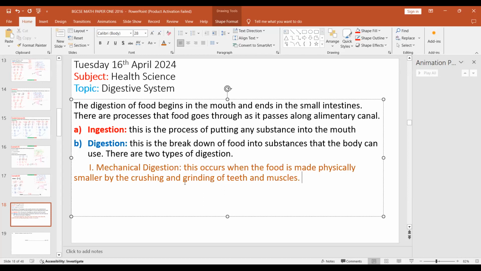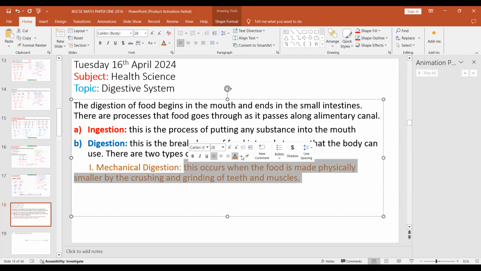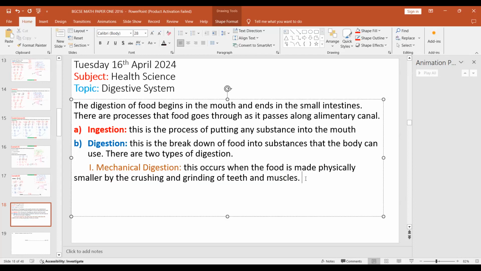So we make the food smaller by crushing and grinding it using the teeth, mouth, or muscles.